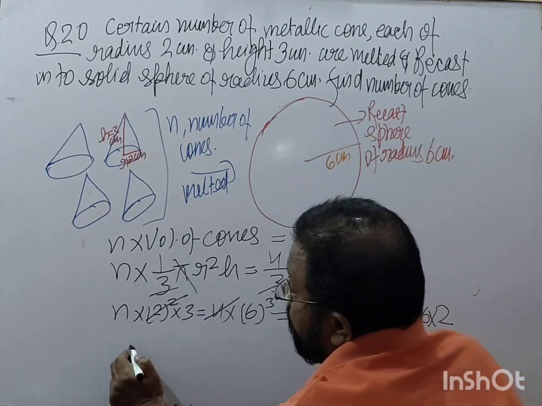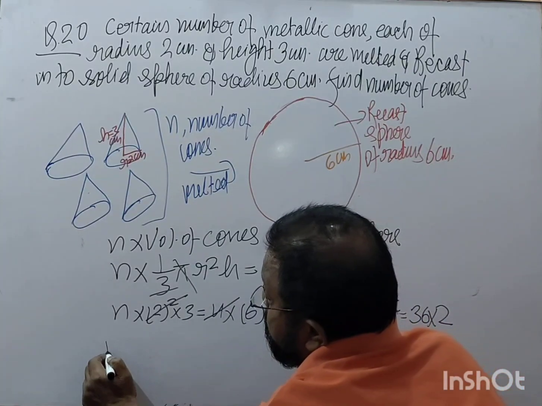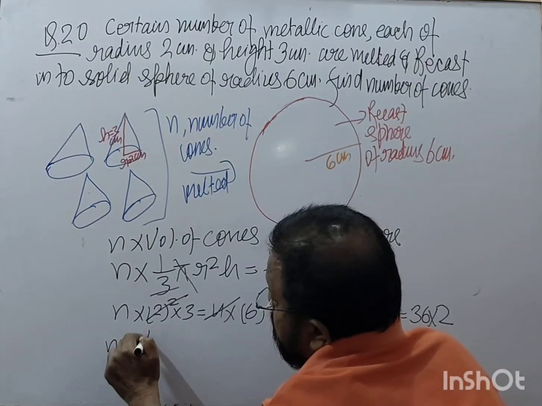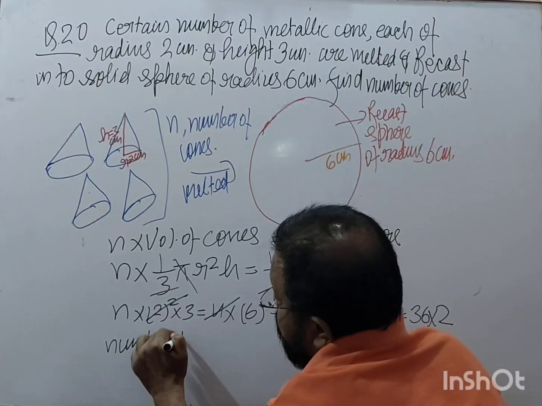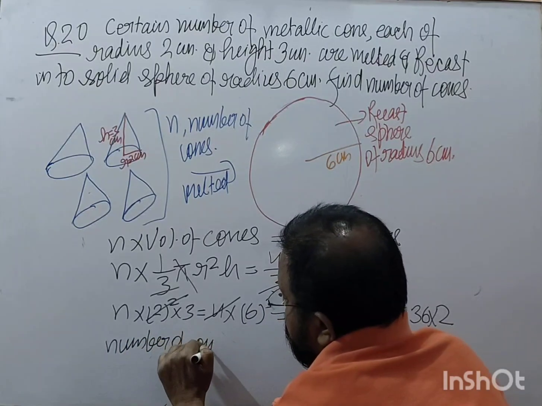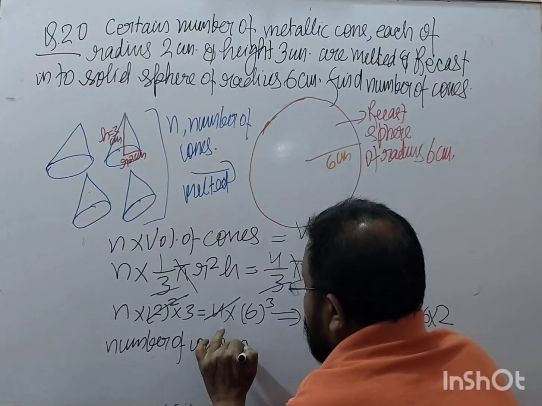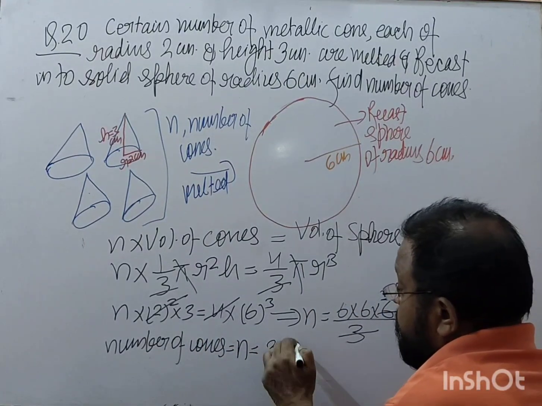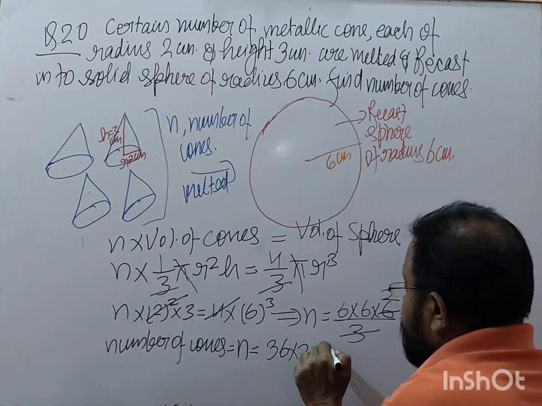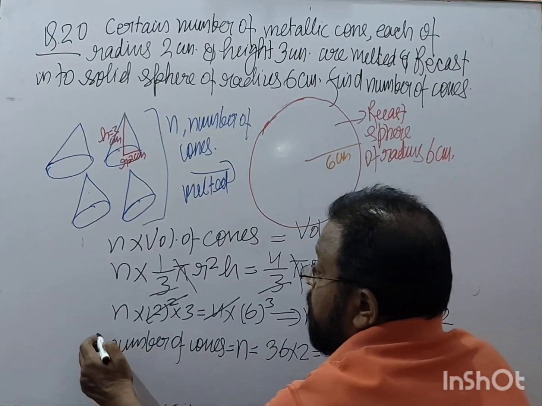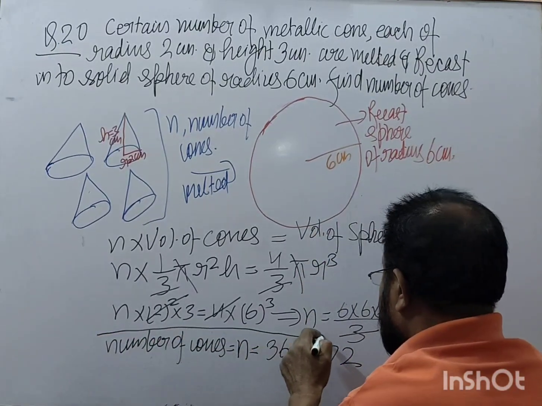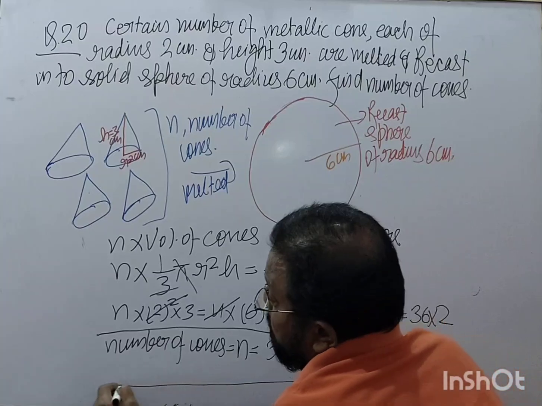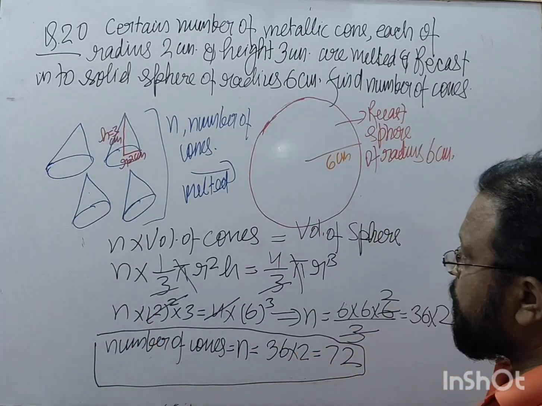So the number of cones is n equal to 72.